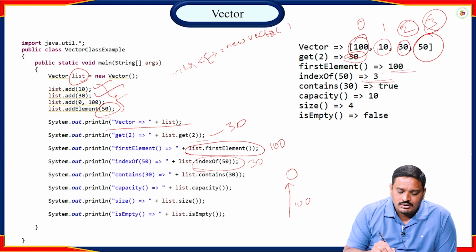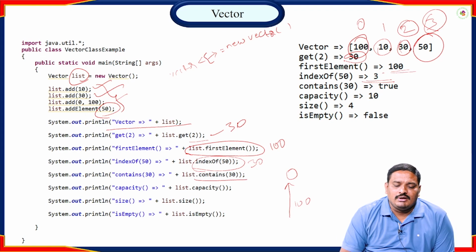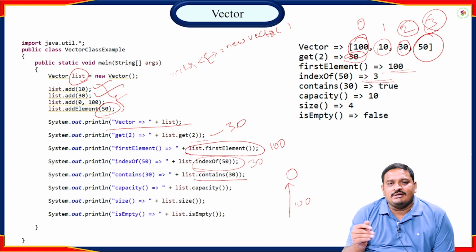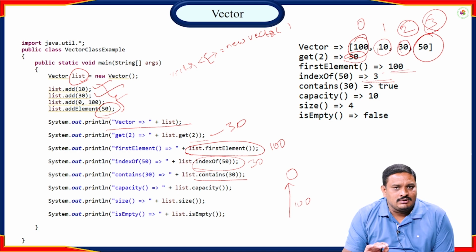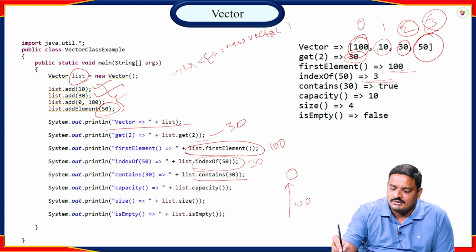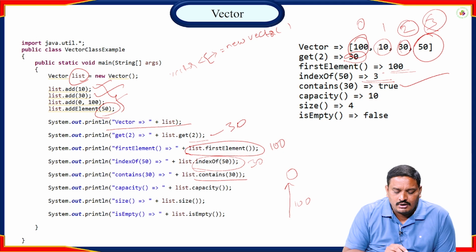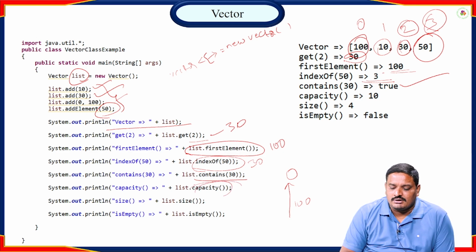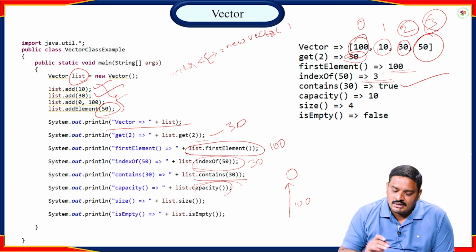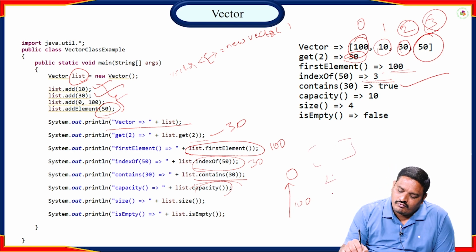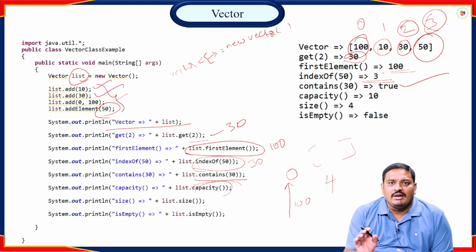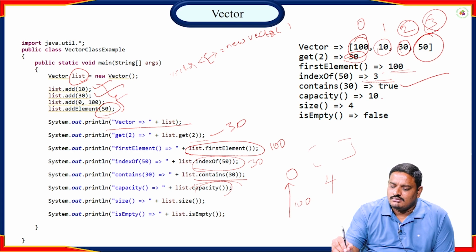Now contains(30): is the 30 element present in that list or not? Yes, the element is present in that list, so true. Now the capacity method. What is the capacity?